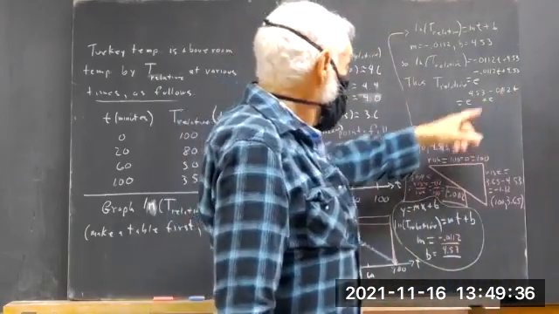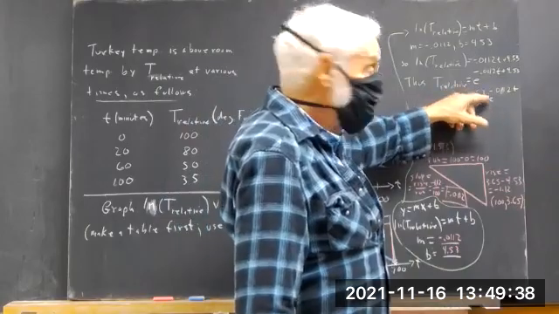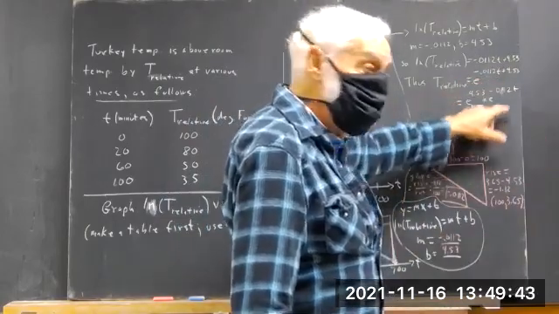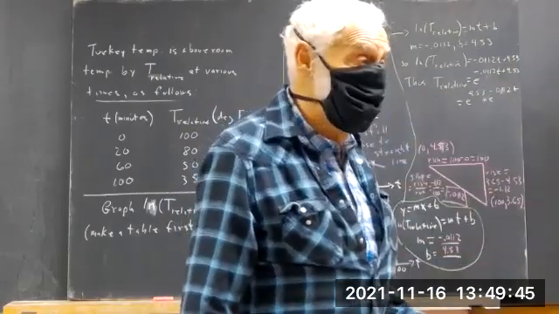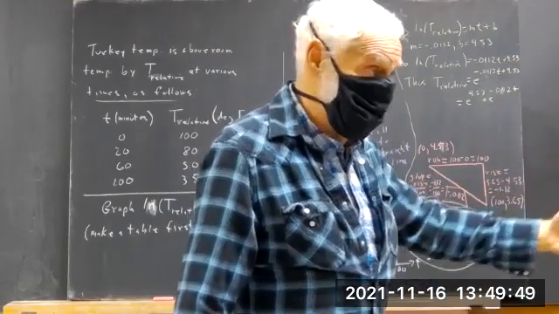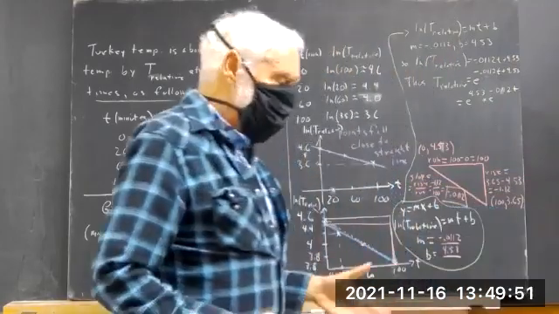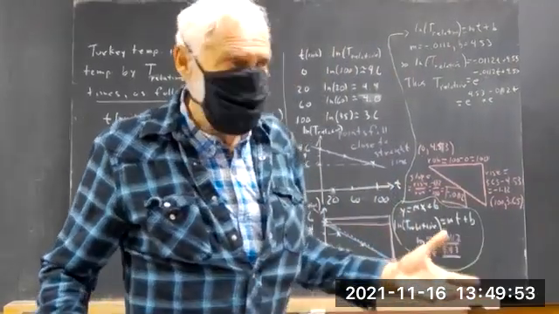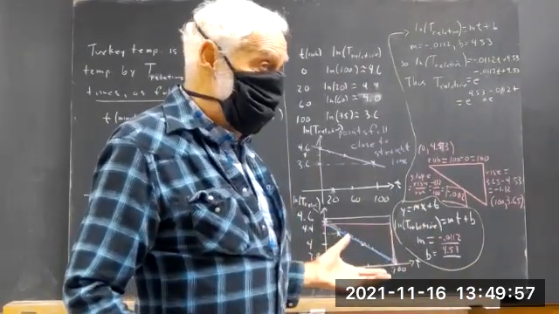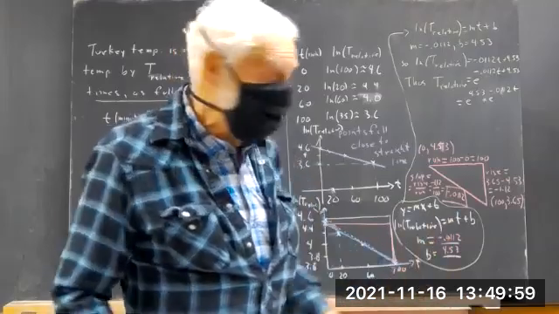By the rules of exponents. Okay, base to this power plus this power is the base to this power times the base to this power. That's the rule of exponents. a to the b plus c is a to the b times a to the c. And it's essential to have your laws of exponents straight right now, or at least by the time we get to the final exam.